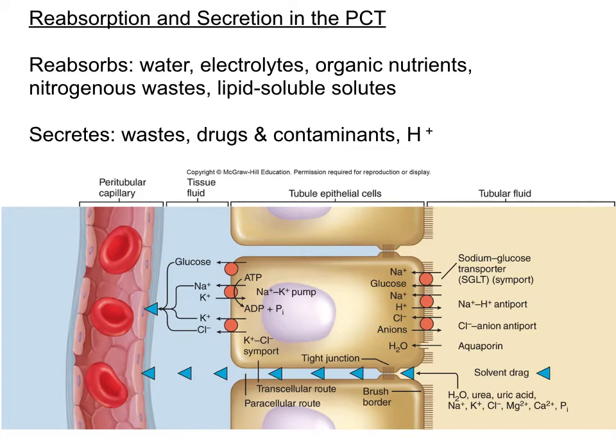Now, if you start looking at what it reabsorbs and getting a little bit more specific as to the different substances, with regards to water, it reabsorbs 2/3 of the filtered water, meaning 60 to 70% of what you filtered in the renal corpuscle is going to be completely reabsorbed here.